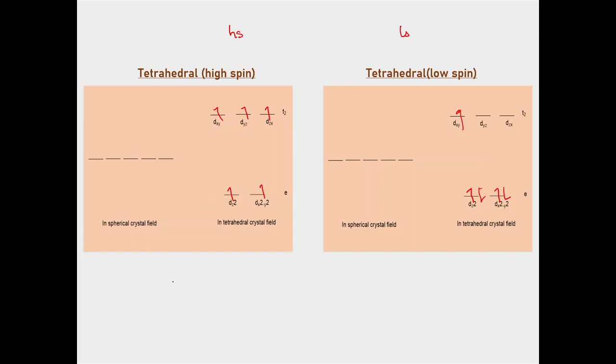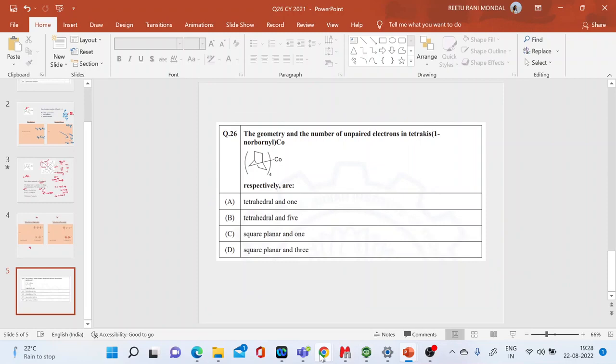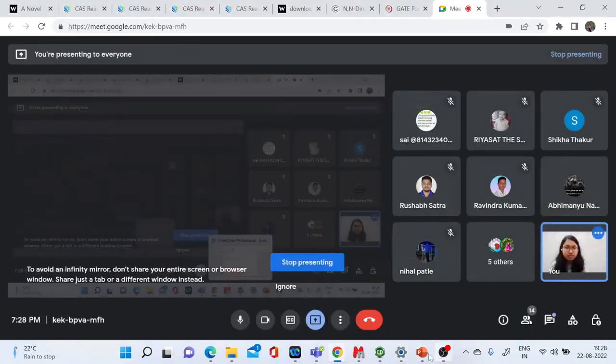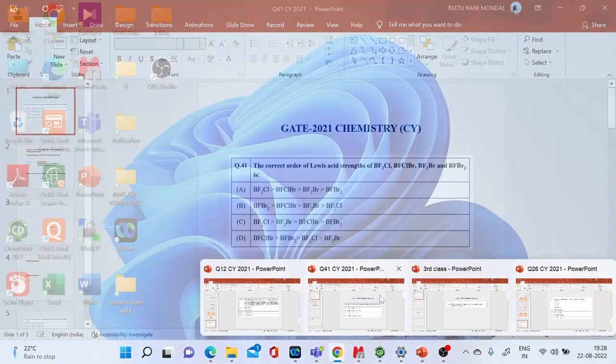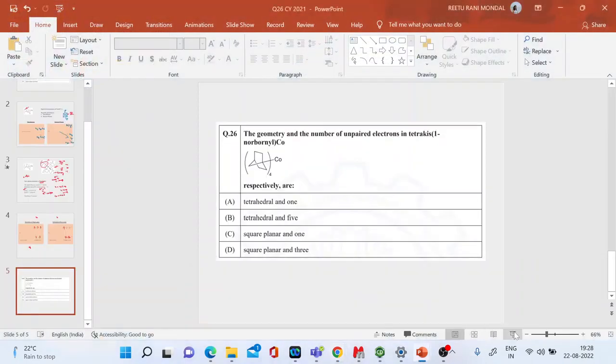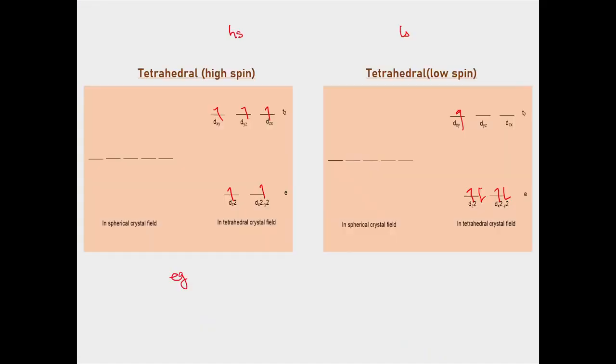But this is a special example. That's why you should remember this. This is a special example in which we are getting a low spin complex even though the geometry is tetrahedral.